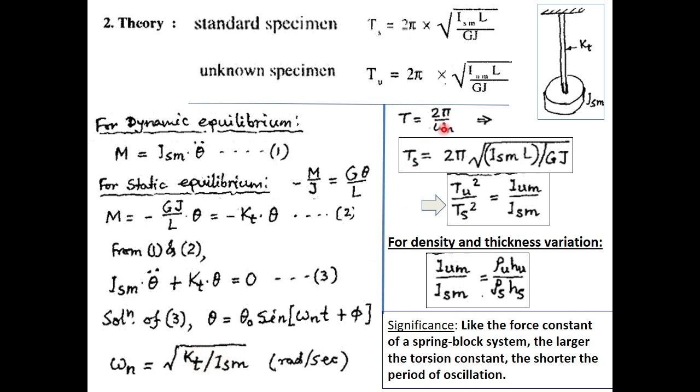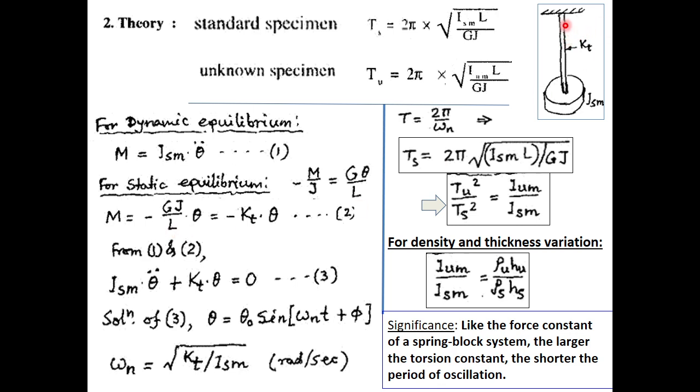Here if we substitute, it becomes 2 pi root over I suffix m, the mass moment of inertia, by kt. And what is that kt? This kt is G J by L. I think it is clear what this indicates.